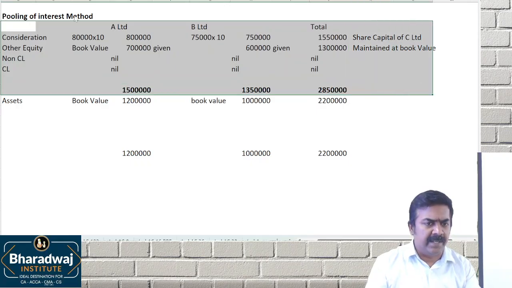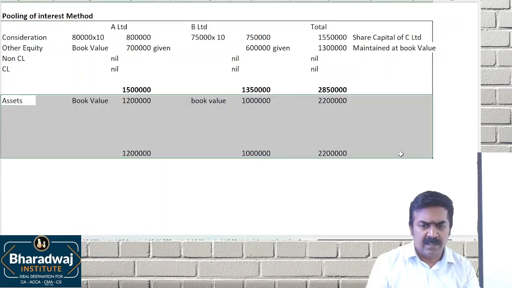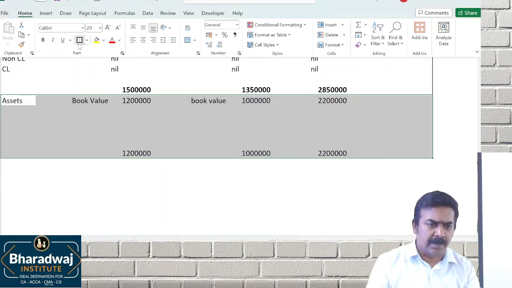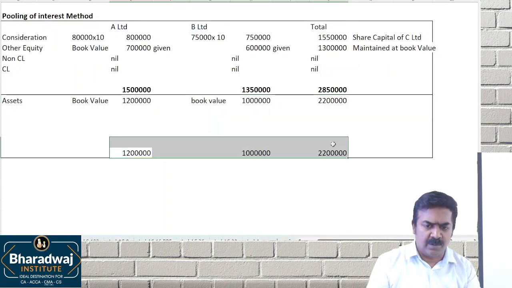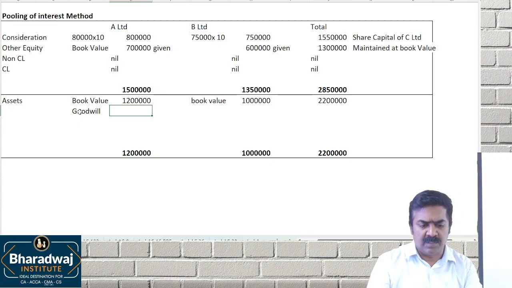The difference will be taken as what? The difference will be taken as goodwill or capital reserve. Of course, you can find the liability side is more than the asset side. It is called which one? Goodwill. What is the goodwill? 3,50,000, a balancing figure. You can pass the entry also, the same thing will come.